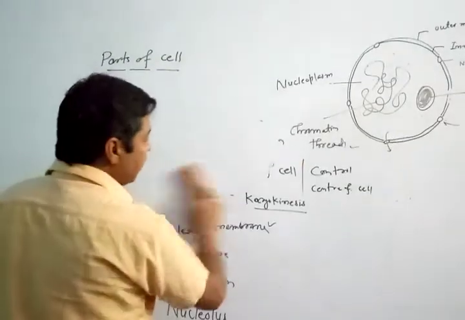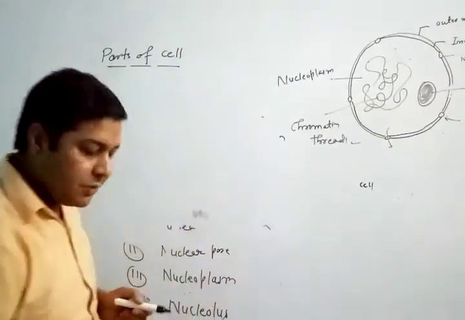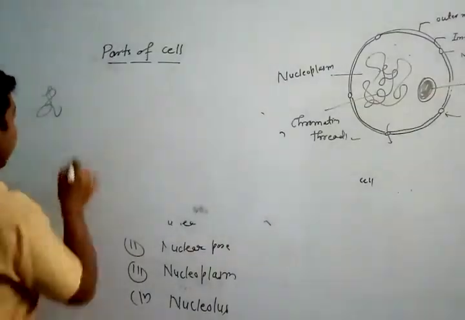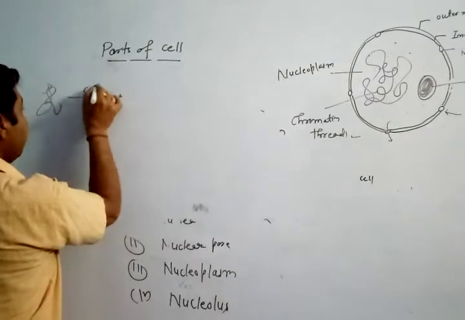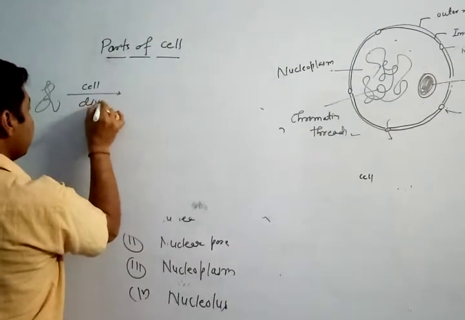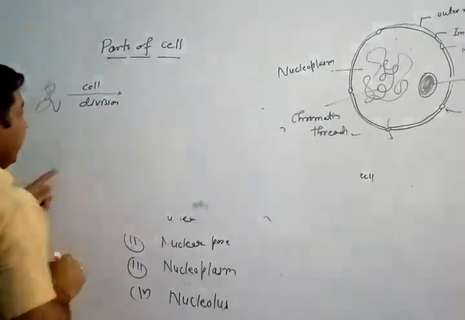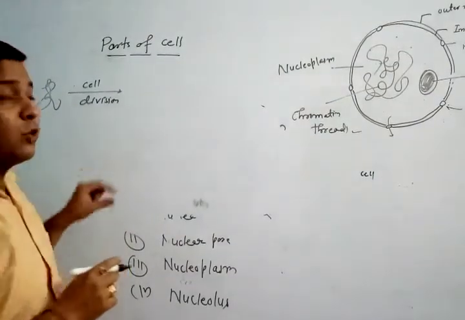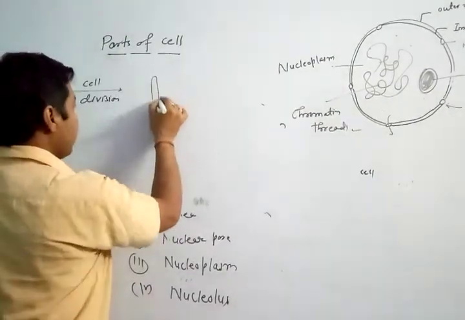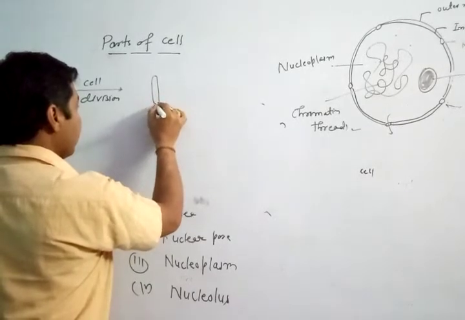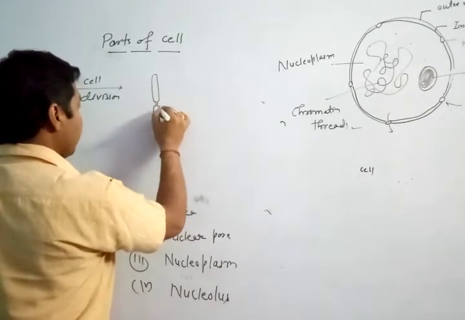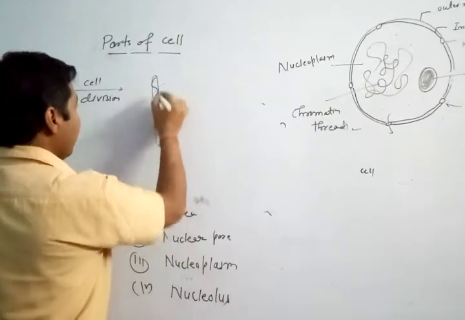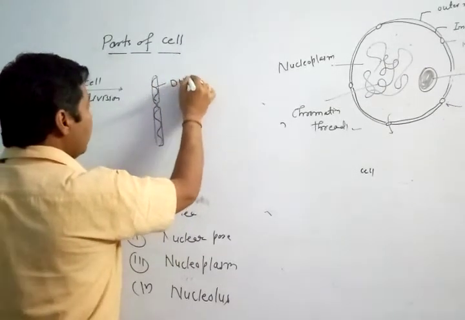The chromatin threads participate in cell division, and they become short and dense and form chromosomes, where DNA is present.